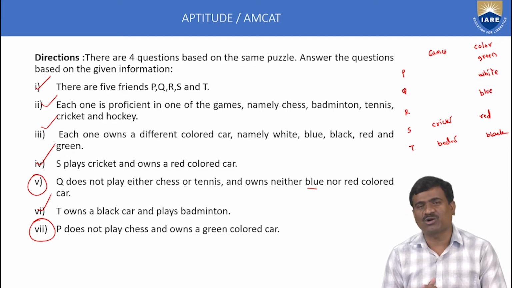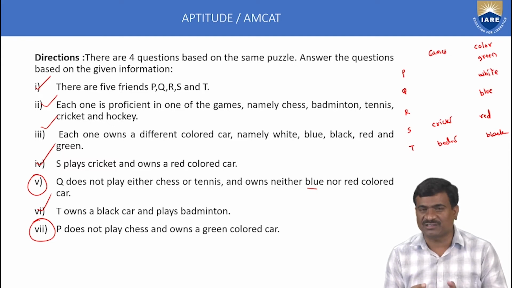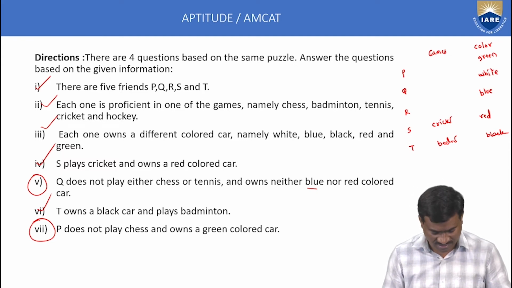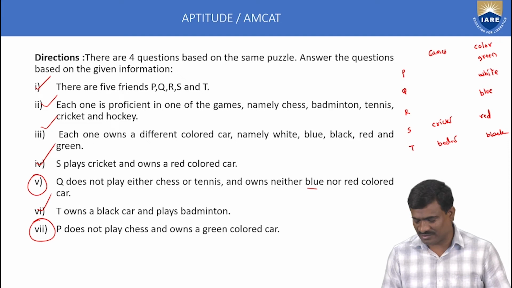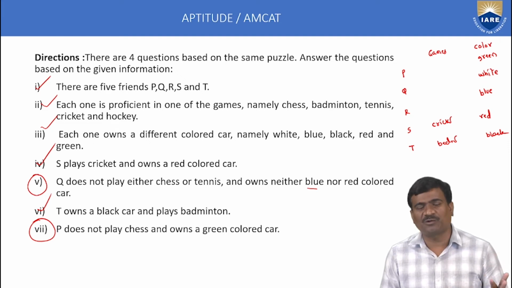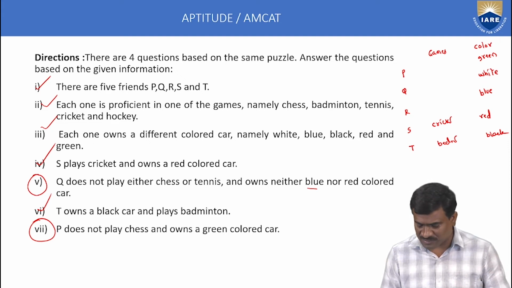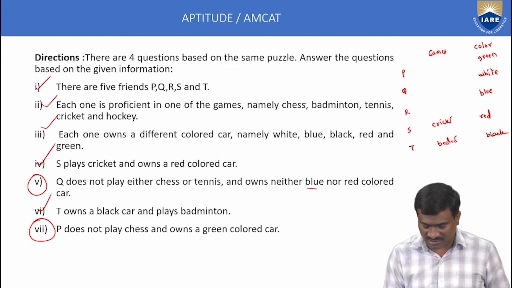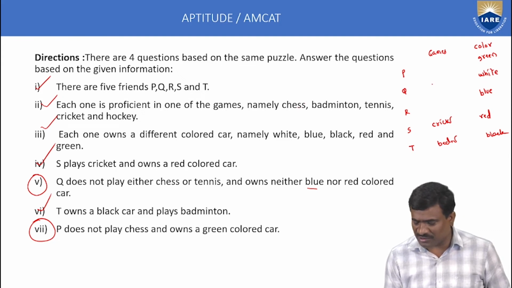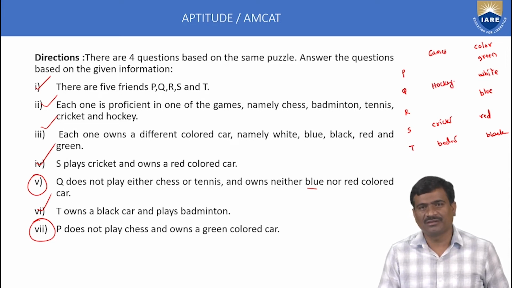Next, the game concept, again using the fifth and seventh statements. Sixth statement: Q does not play either chess or tennis. But cricket and badminton are also not possible. There are a total of 5 games: chess, badminton, tennis, cricket and hockey. The remaining possibility is only one game, that is hockey.